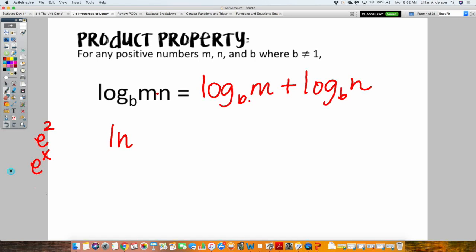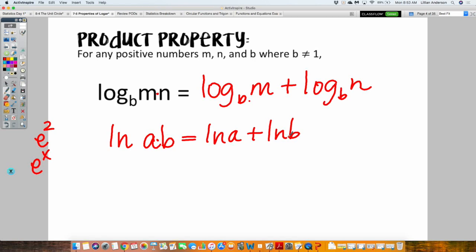It too can apply the product property. So let's say, I'm going to use two different letters because this already has an n, let's say you had the ln of AB. Well, A and B represent two numbers or two variables. It too can be expanded by using addition. Okay? So I want you guys to write this in your notes as well.